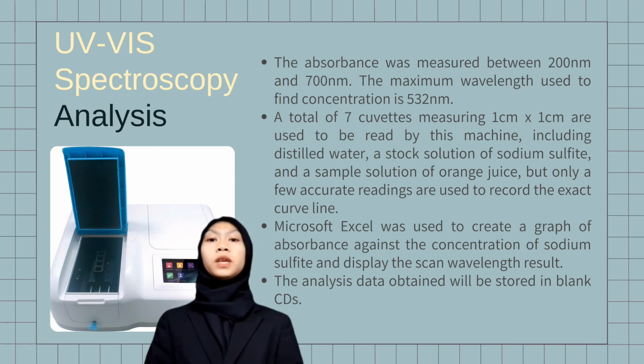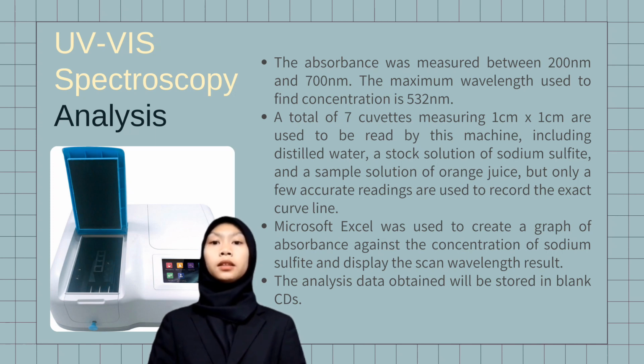UV-Vis spectroscopy analysis. The absorbance was measured between 200 nanometers and 700 nanometers. The maximum wavelength used to find concentration is 532 nanometers. A total of 7 cuvettes measuring 1 centimeter by 1 centimeter are used to be read by this machine, including distilled water, a stock solution of sodium sulfide, and a sample solution of orange juice, but only a few accurate readings are used to record the exact curve line.